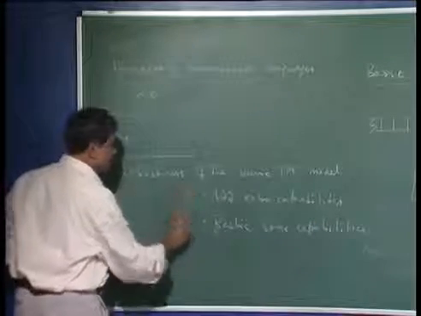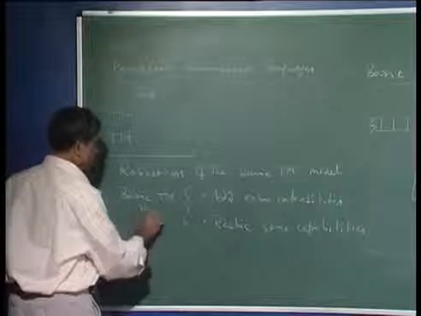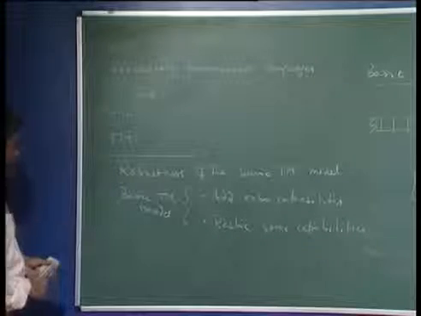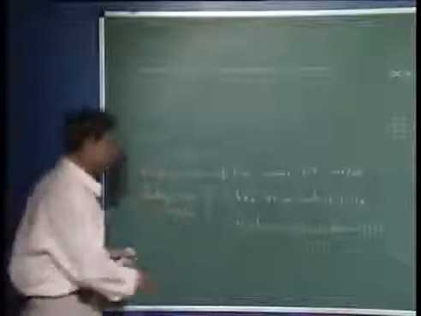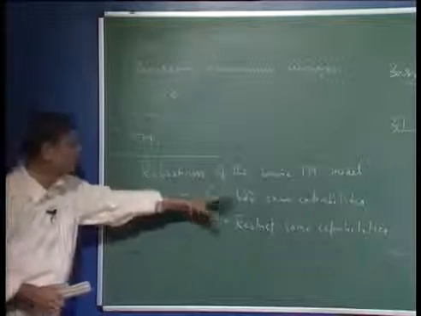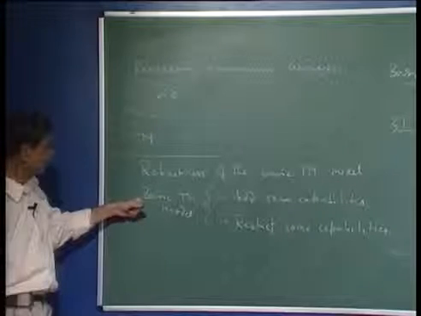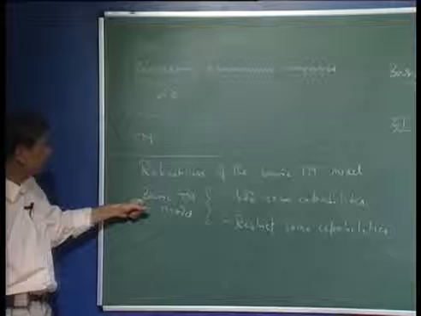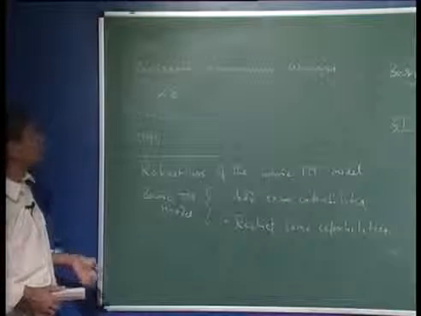So, what I am saying is, suppose we do this to our basic Turing machine model and then find that whether we add some extra capabilities or restrict some capabilities, some natural things, we do not want to do something very unnatural, on the basic Turing machine model, then the new class of machines that we get do not change the class of languages accepted.